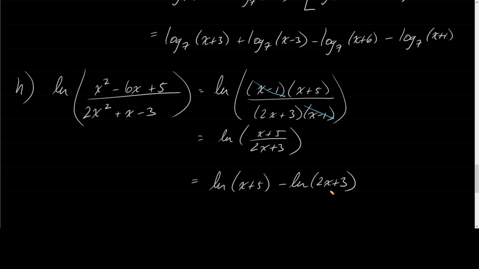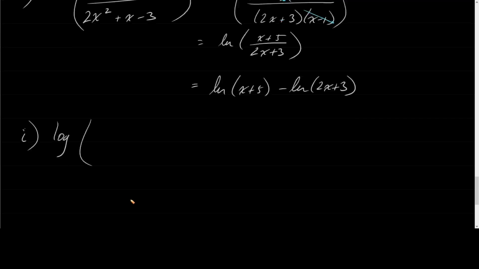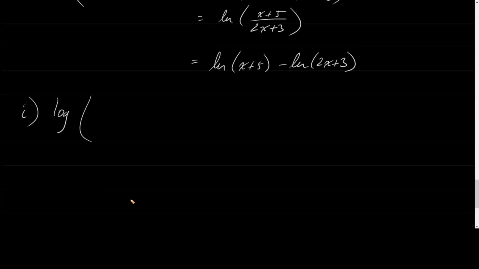Now let's do one more, and this is going to be, let's say, log of (3x squared plus 5x minus 2) over (x squared plus x minus 6).